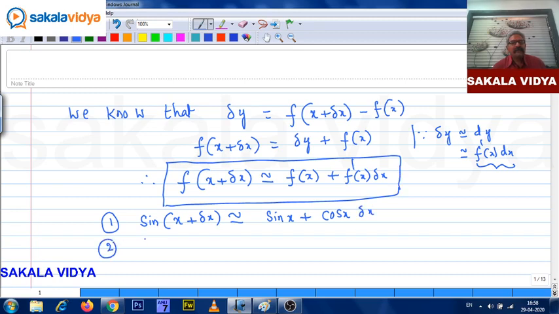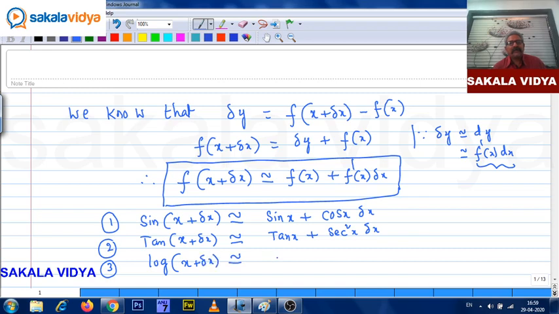Now, what is tan of x plus delta x? To find the approximate value of tan, remember tan of x plus delta x is equal to tan x plus the tan x derivative, secant square x, into delta x. If you want to find log of x plus delta x, an approximate value of logarithm, log of x plus delta x is equal to log x plus the log x derivative, 1 by x, into delta x.